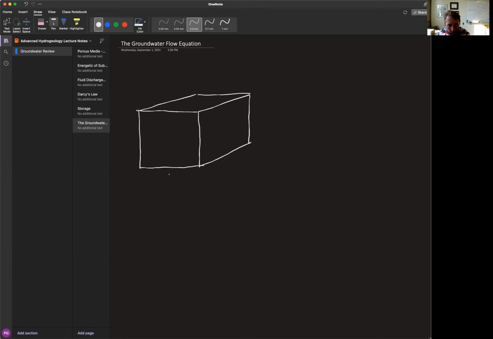So our cube here is going to have the dimensions of delta X, delta Y, and delta Z. And remember that this is porous media, so we've got sediment grains here and pore space between them.